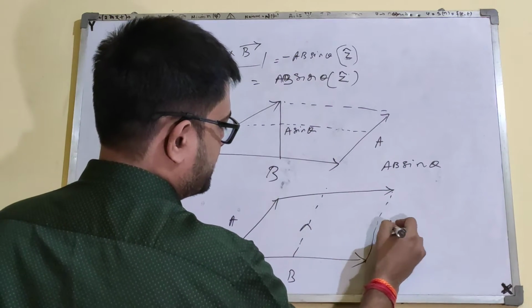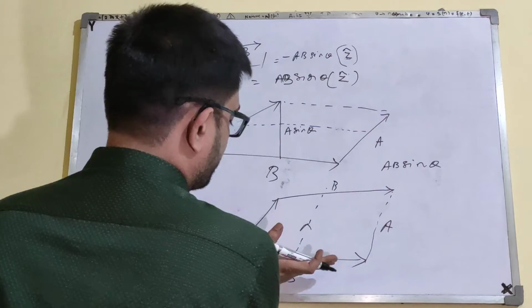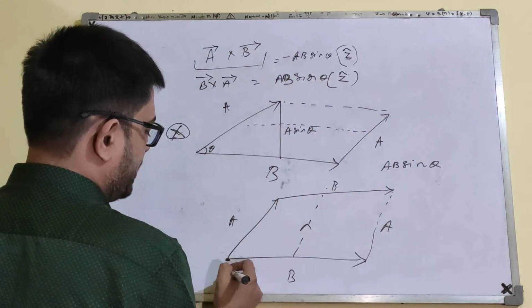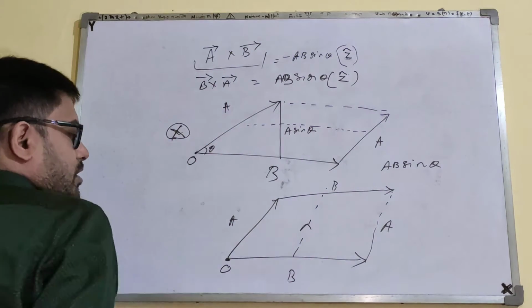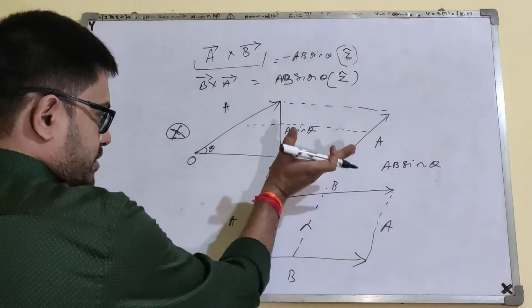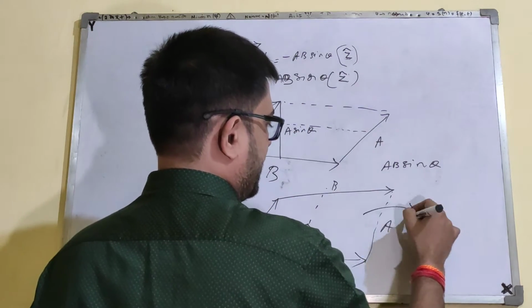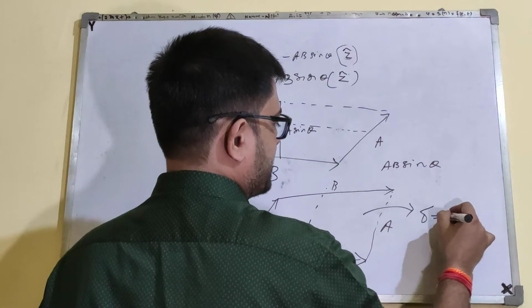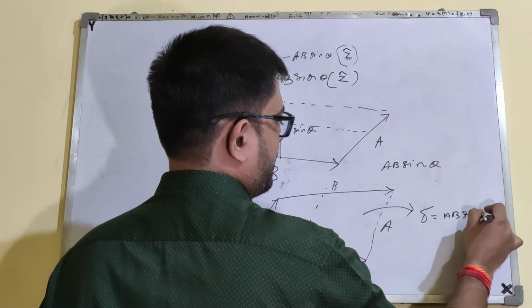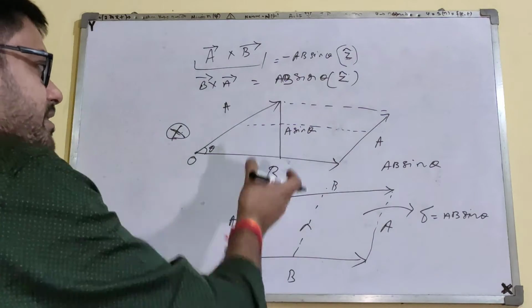In that case also, this is A and this is B. B goes from here to here, this being the common tail O. If B crosses A, then also the same parallelogram is obtained, and that also has the area AB sine theta. What is the difference? There is no difference in the area.